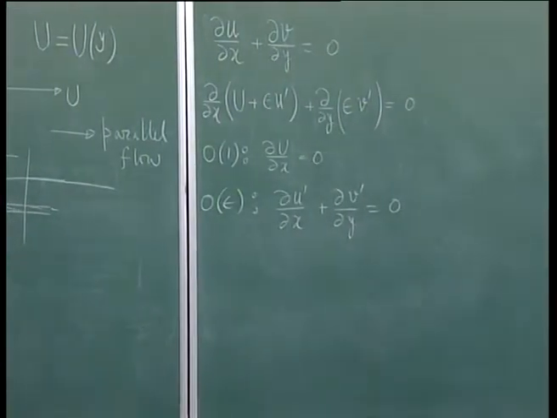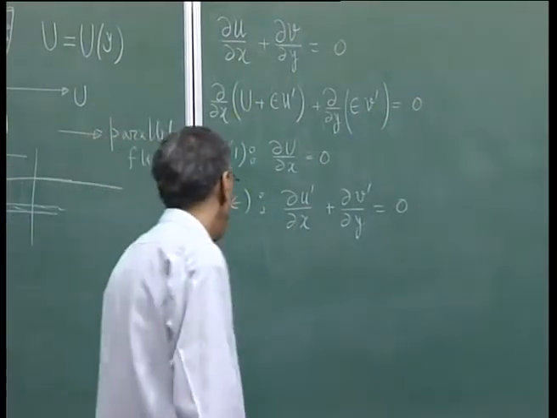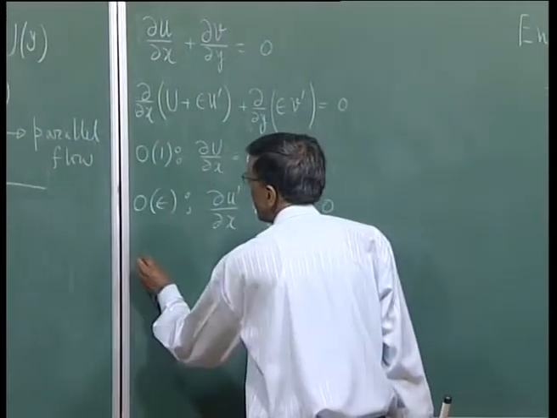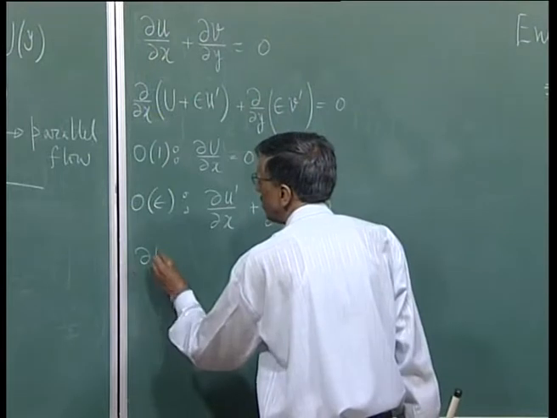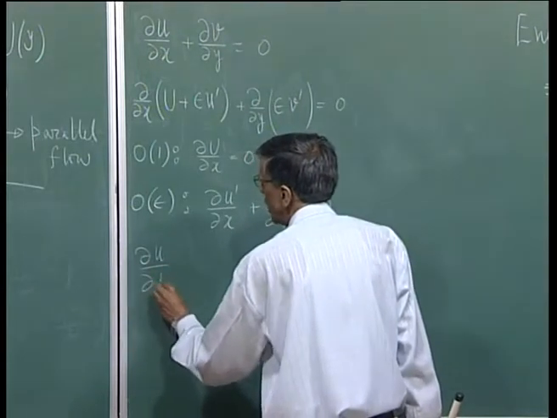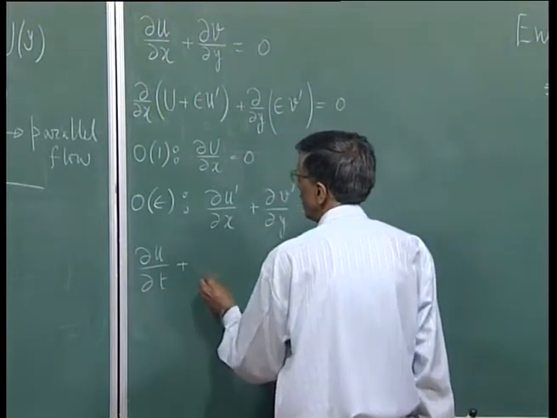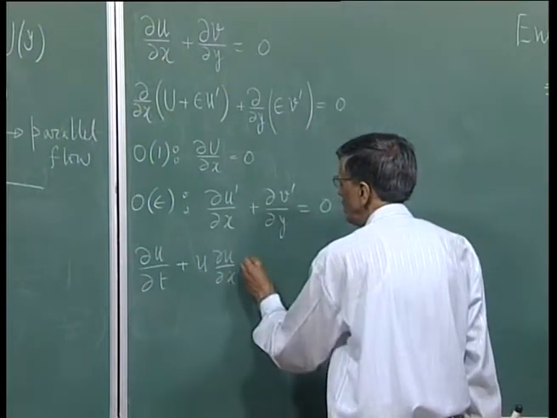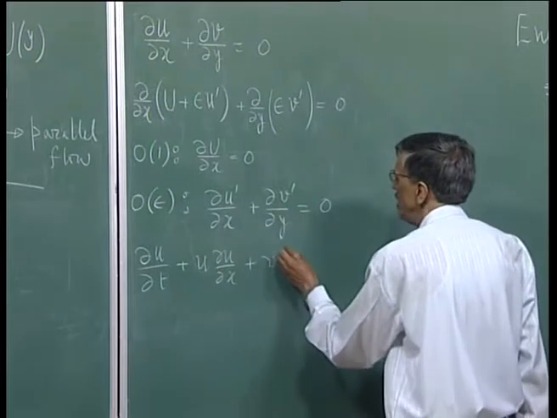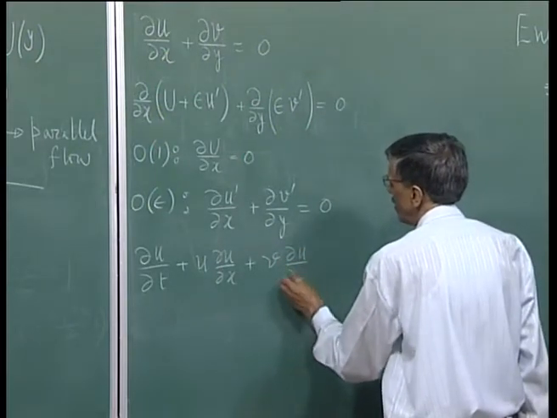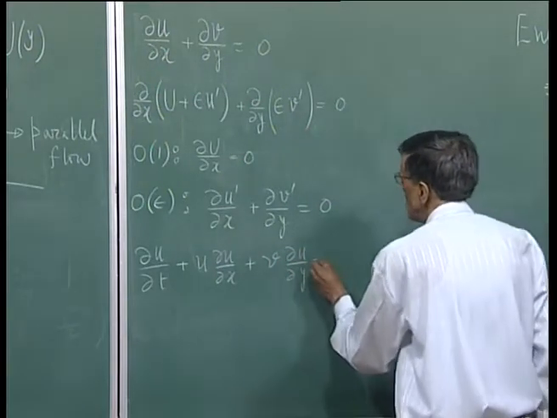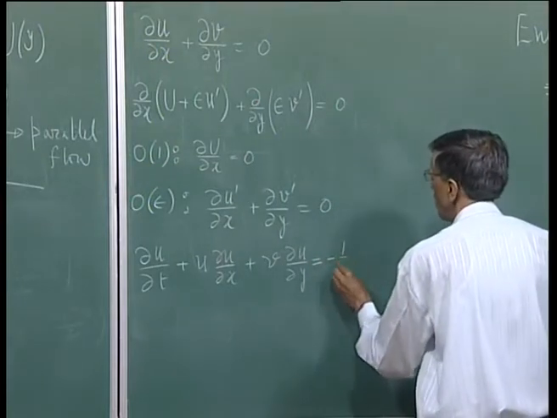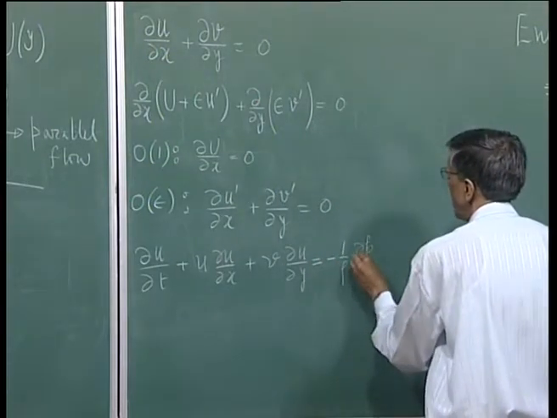You can similarly go ahead and look at, let's say, the x momentum equation. That is this: del u del t plus u del u del x plus v del u del y. Then we will have minus 1 over rho del p del x.